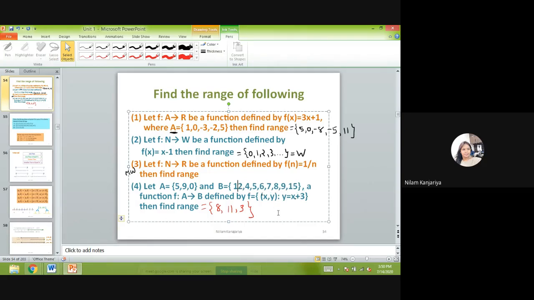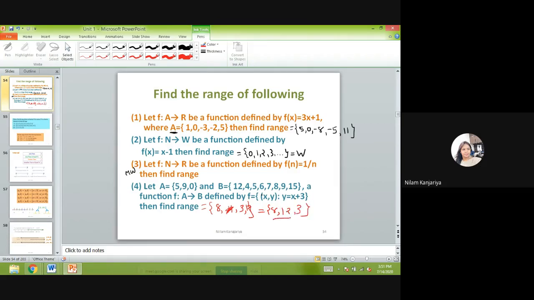Now you are right, your addition is right. Don't think that just because my question is wrong, your answer is also wrong. It's 12, not 11, because 9 plus 3 is 12. So your range is: first 5 plus 3 is 8, second 9 plus 3 is 12, and 0 plus 3 is 3.